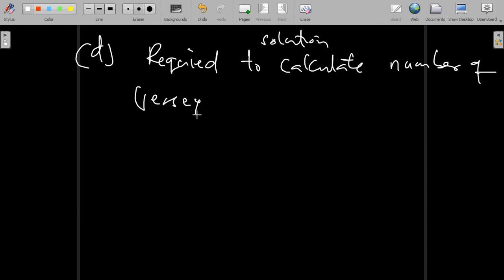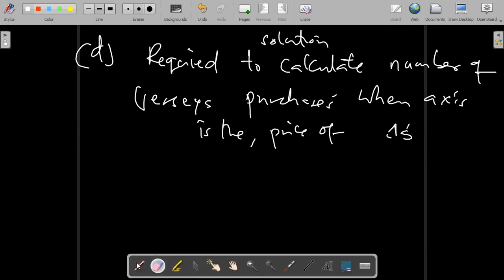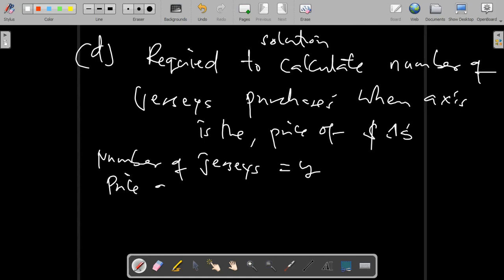Part D is to calculate the predicted value of the quantity of y when given x. From the data set, we have the price of jaws that were sold at a given amount. So we need to predict y given x, which is equal to 15 US dollars. The number of jaws is represented by y, but the price of jaws is represented by x.